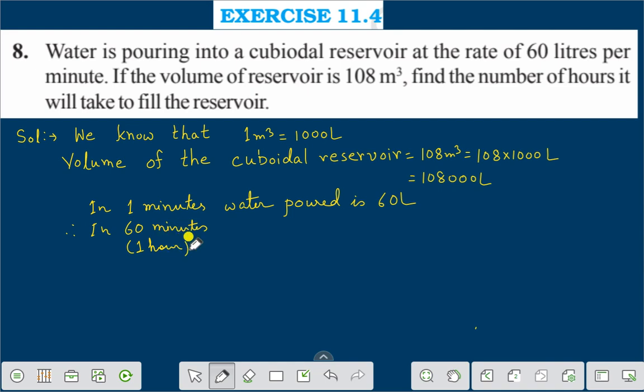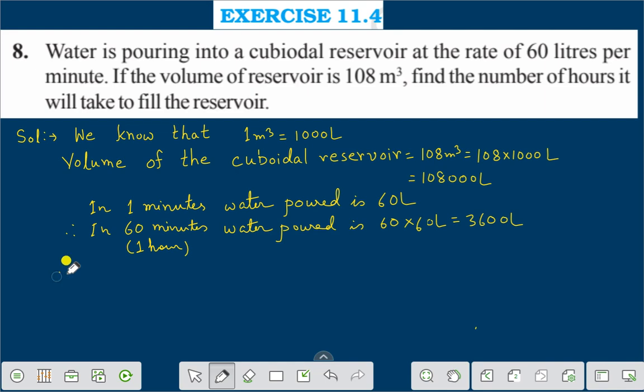In 1 hour, water poured into the reservoir is 60 into 60 liters, that is equal to 3600 liter. That is, in 1 hour, water poured is 3600 liters.